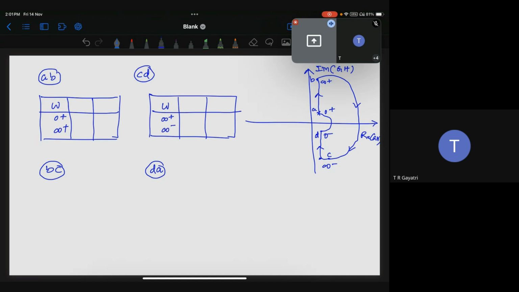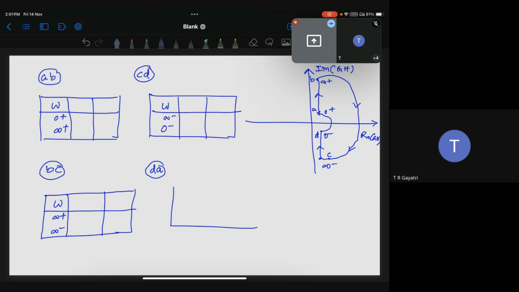Whereas the third part CD is infinity minus to 0 minus.